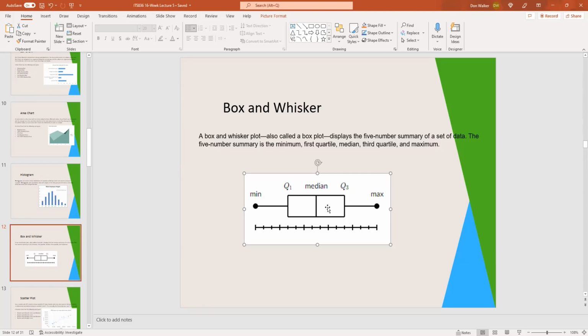And it shows you how spread away from the median those quartiles are. And then your min and your max are represented by these whiskers, like a cat's whiskers.